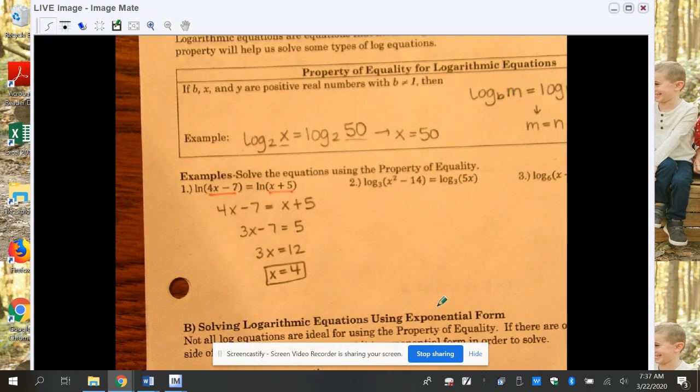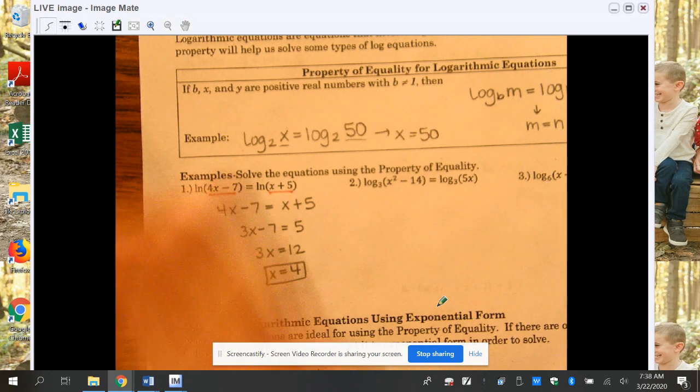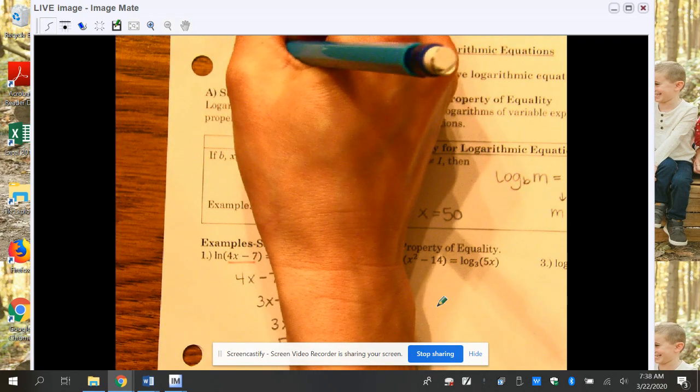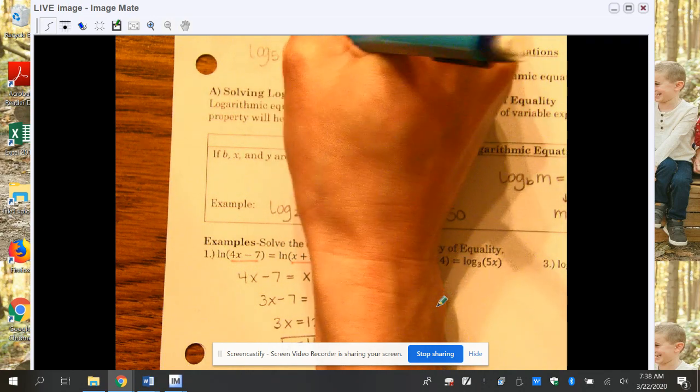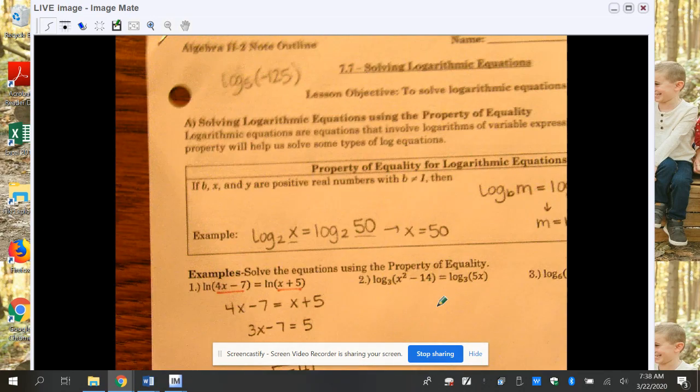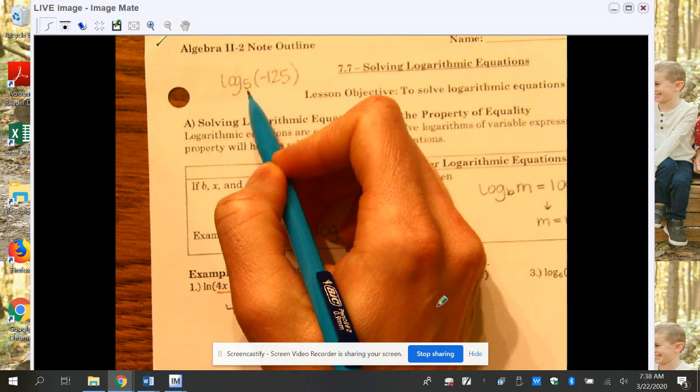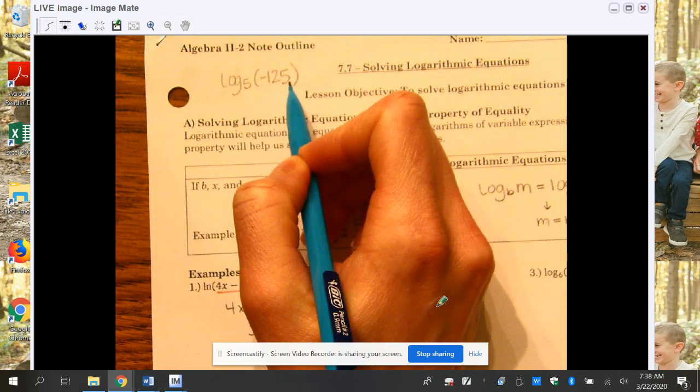Now, the one thing that we always have to be aware of when we're solving these logarithmic equations, that we did not have to worry about with exponential, is that you cannot take the log of a negative number. Because there is nothing that I can raise 5 to get negative 125.